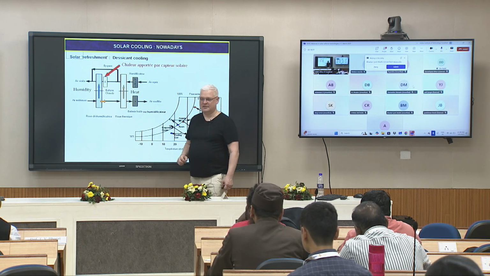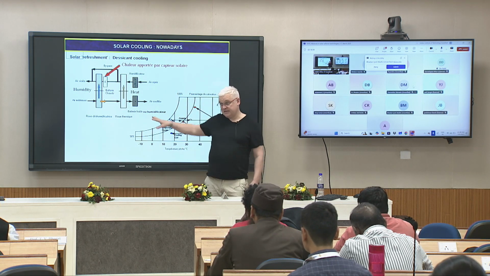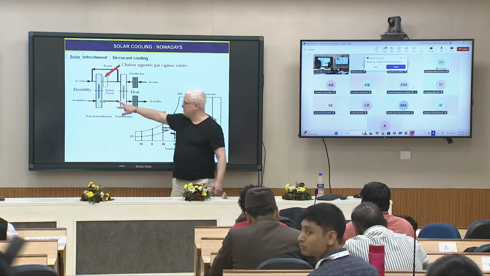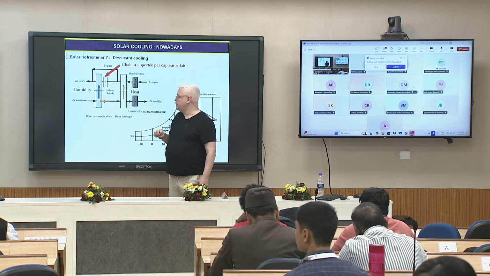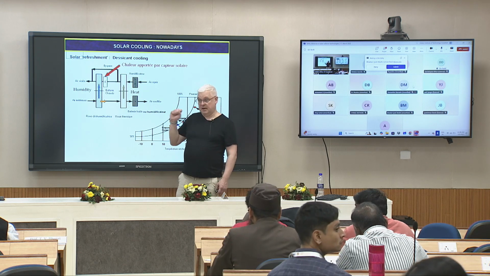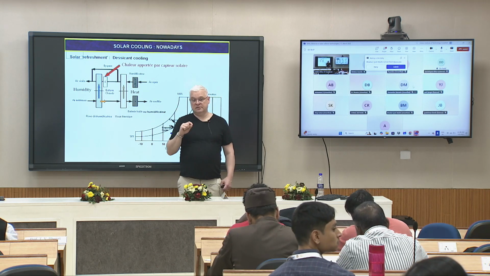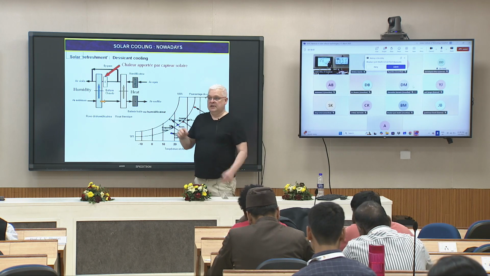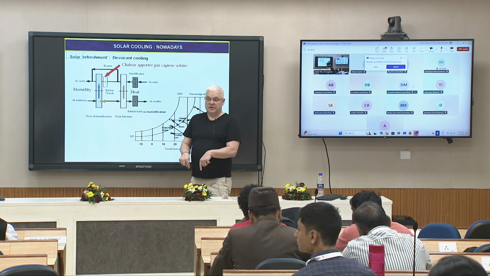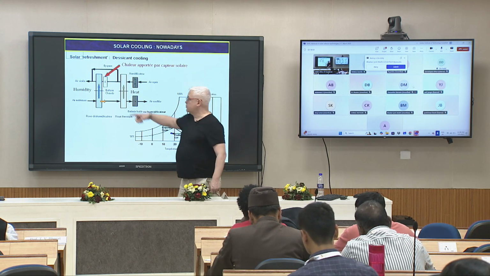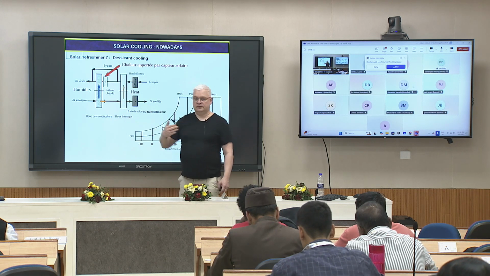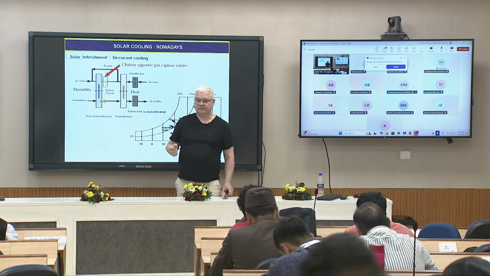But here we can control humidity as well. Yes, due to that. And it's important to control the humidity, because if you don't control it, it could be very uncomfortable inside, or the process could break down.